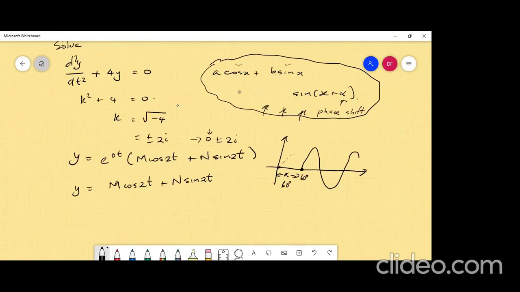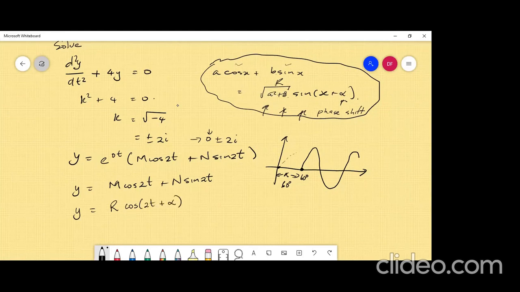Okay, so R is the square root of A squared plus B squared. So all I'm saying is that this m cos 2t plus n sin 2t we can write as y equals R cos(2t plus alpha).